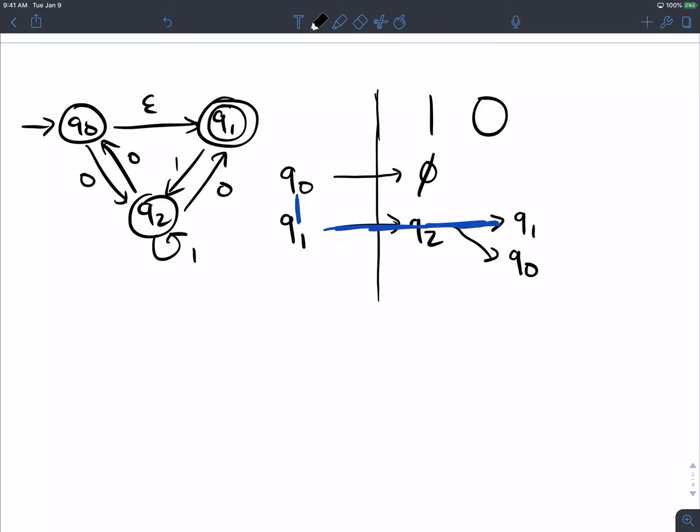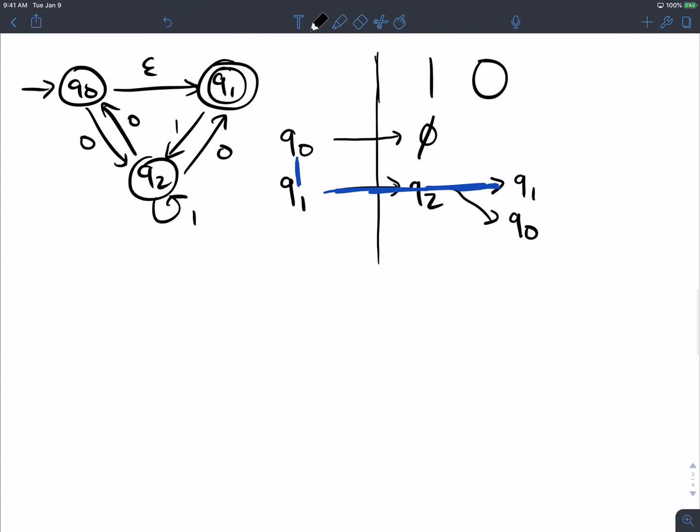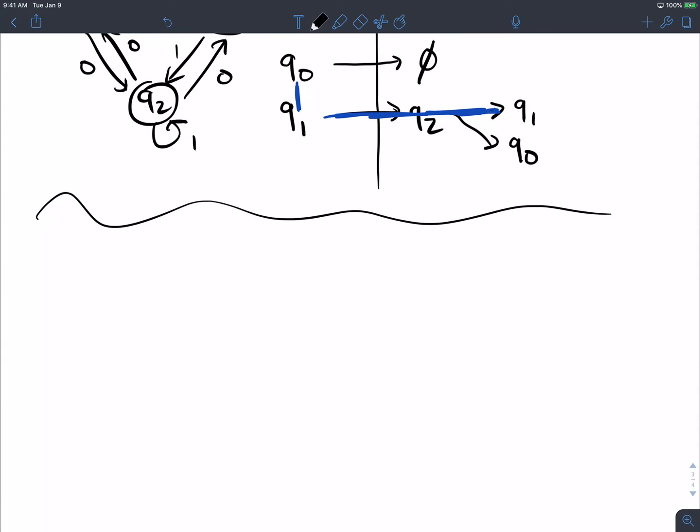Okay, so let's actually do this formally. What we'll show is that we can convert any NFA to an equivalent DFA. This is a formal description of a theorem.